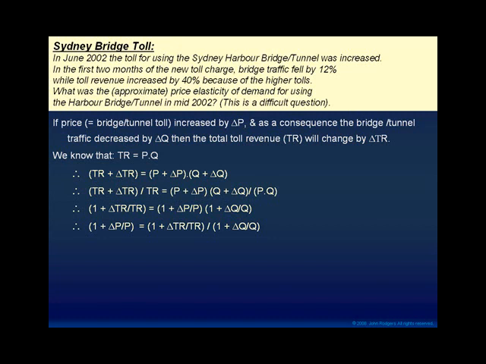With a little bit of algebra now, we can write, I'll say it again, 1 plus the proportional change in price equals, open bracket, 1 plus the proportional change in total revenue, close bracket, divided by 1 plus the proportional change in quantity.